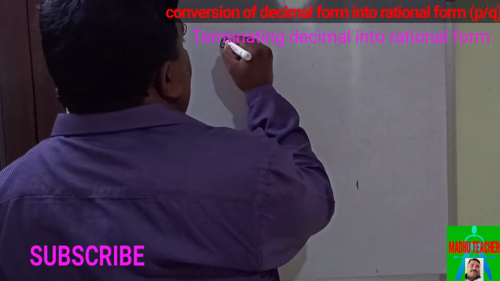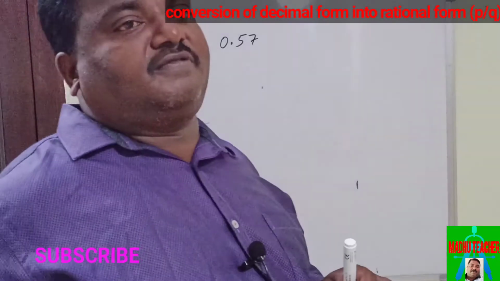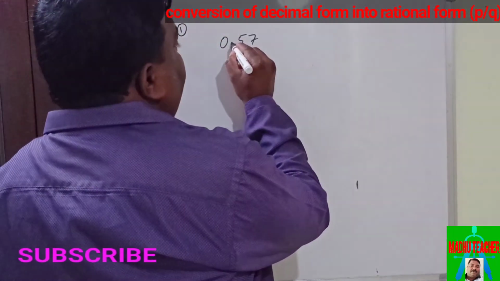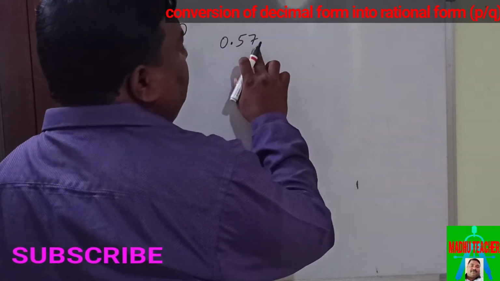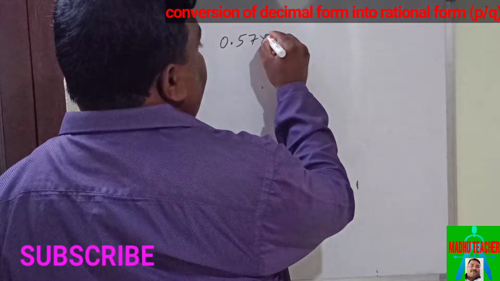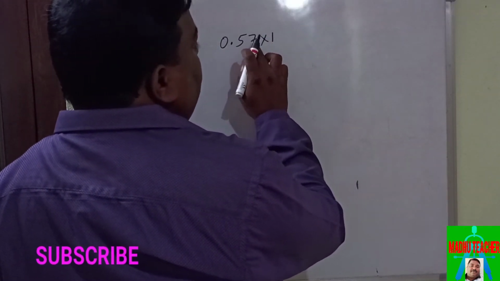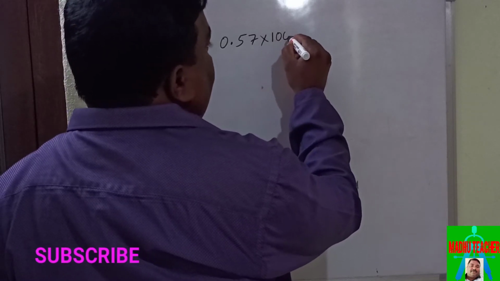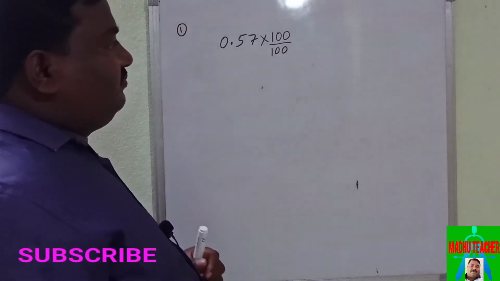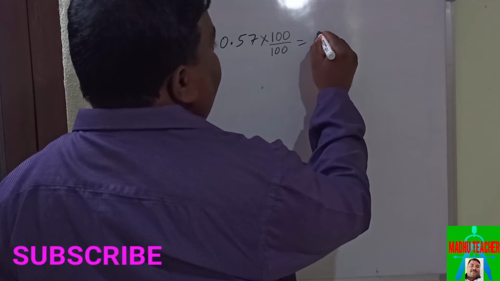Suppose 0.57. Change 0.57 into rational form. After the decimal point, how many digits are there? 2 digits. So you have to multiply by 1 followed by 2 zeros, that is 100. So 0.57 into 100 is 57.